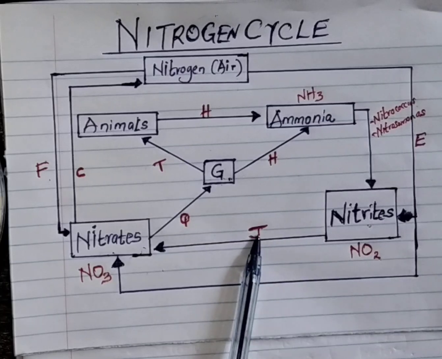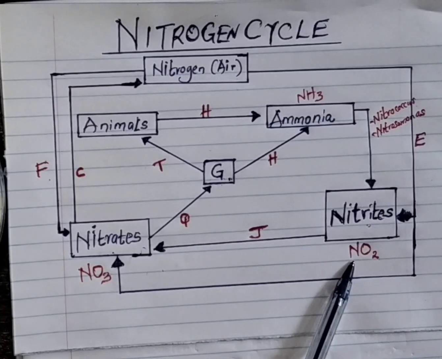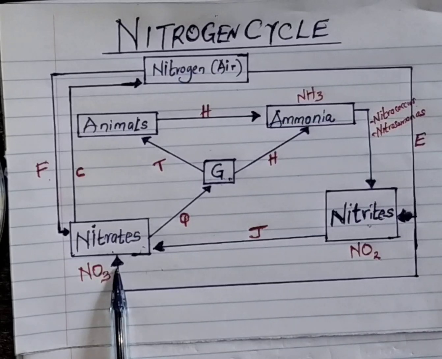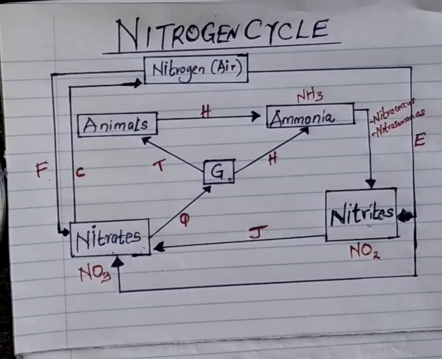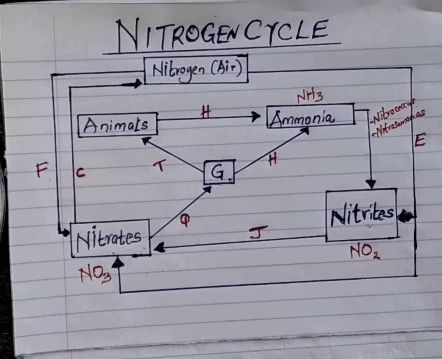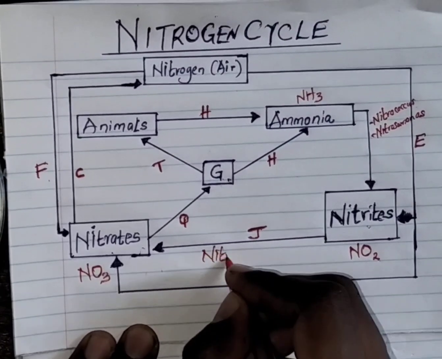Then what about J? Nitrites to nitrates. That is again another oxidation process. We only have one, and that is Nitrobacter.